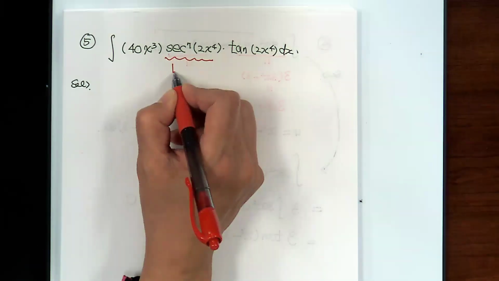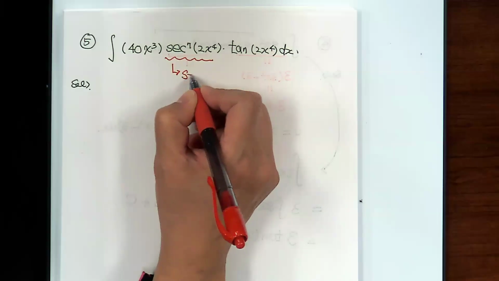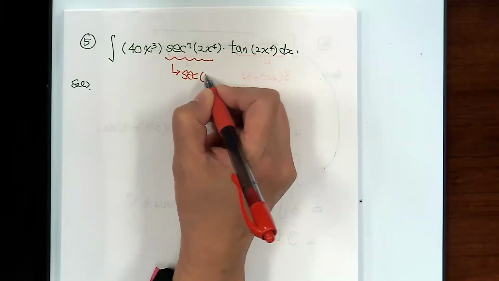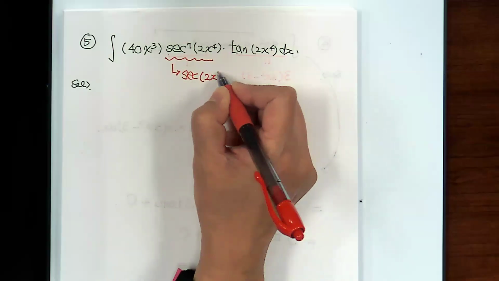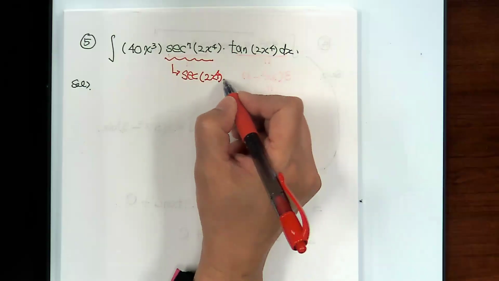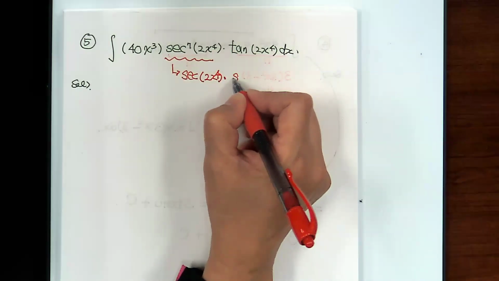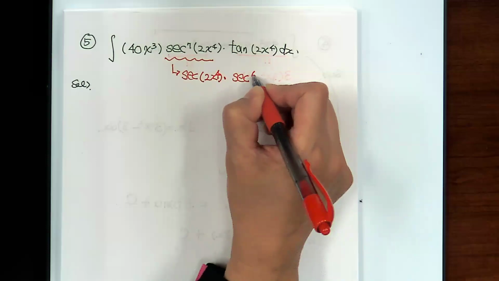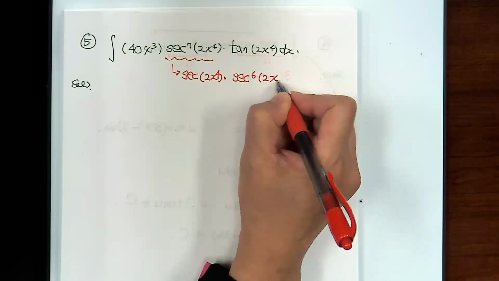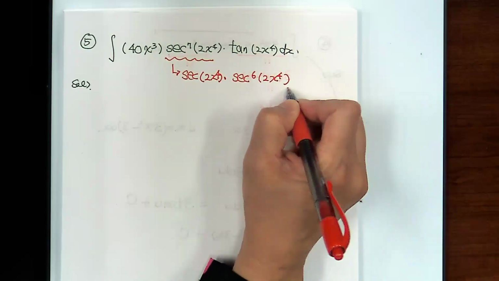So this can be rewritten as secant of 2x to the 4th power times secant to the 6th power of 2x to the 4th power.